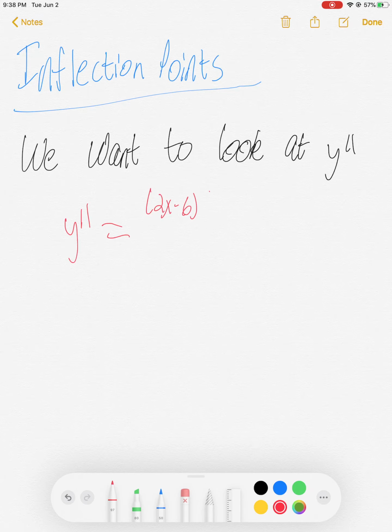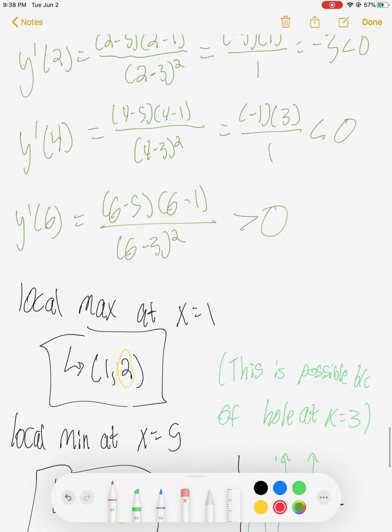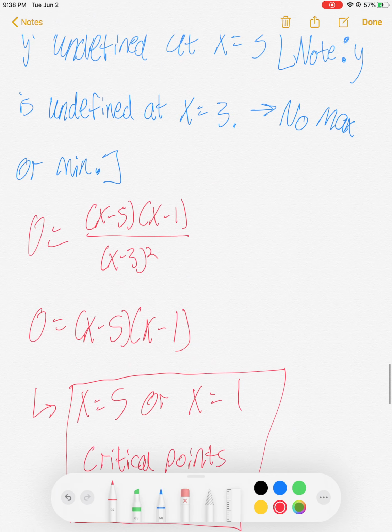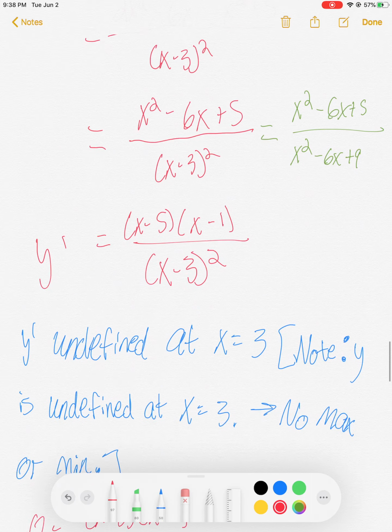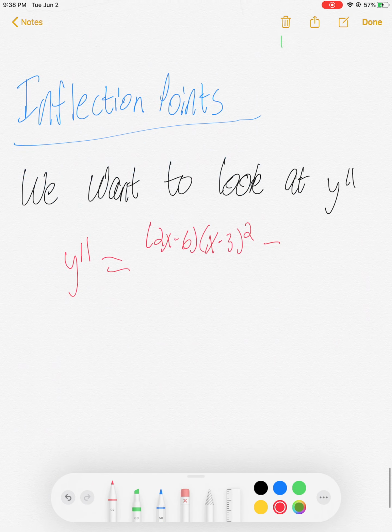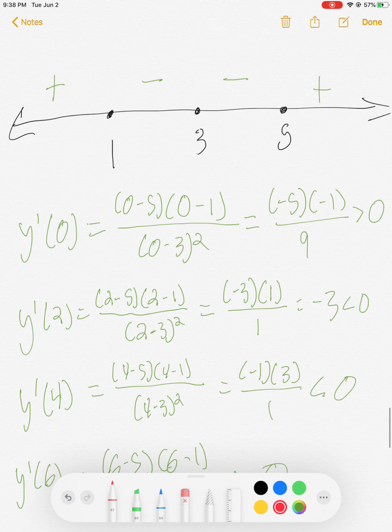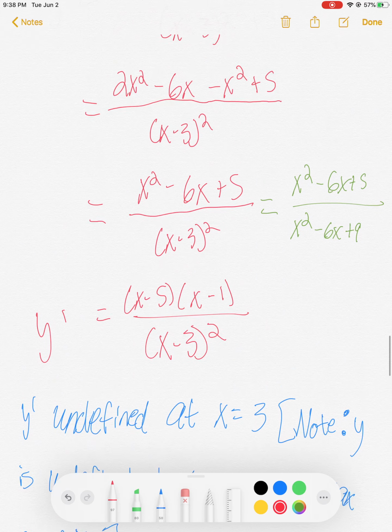Okay, so again, I'm going to have to use the quotient rule. I might go through this kind of quickly again because at this point, hopefully computing derivatives isn't too terrible. So if I take the derivative of the numerator, I get 2x minus 6. So this is 2x minus 6. And now I'm going to leave that denominator as x minus 3 squared here. So minus x squared minus 6x plus 5.